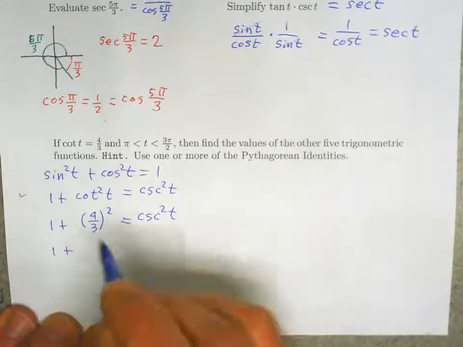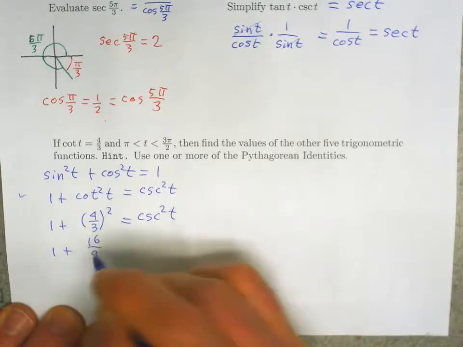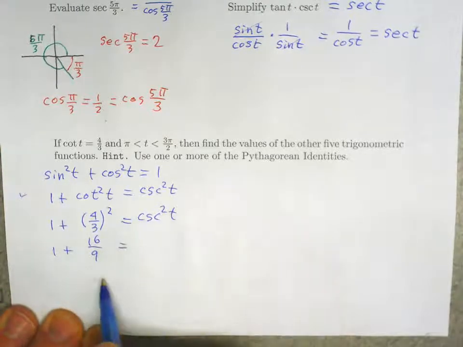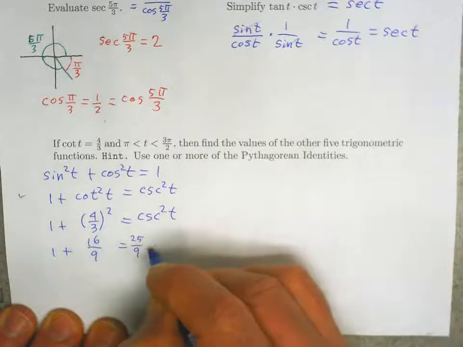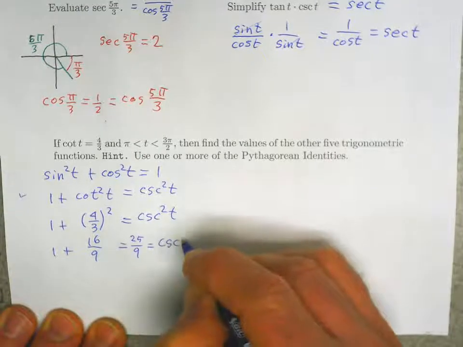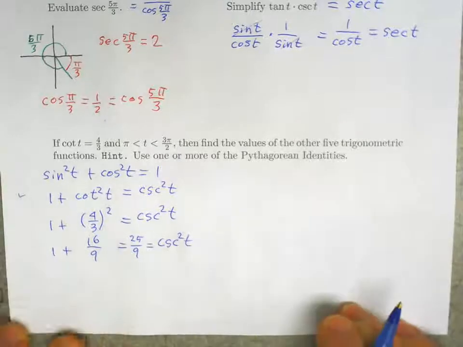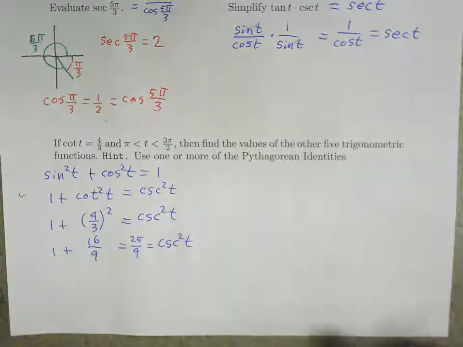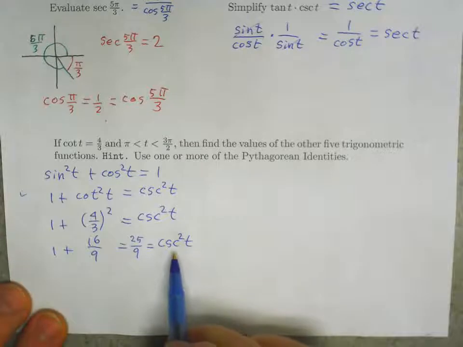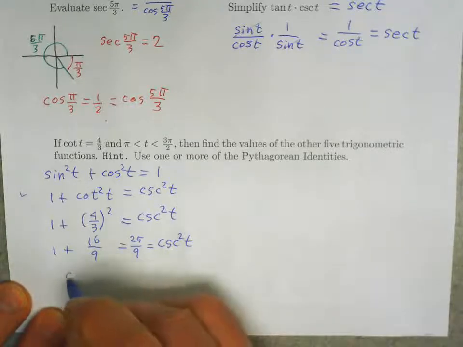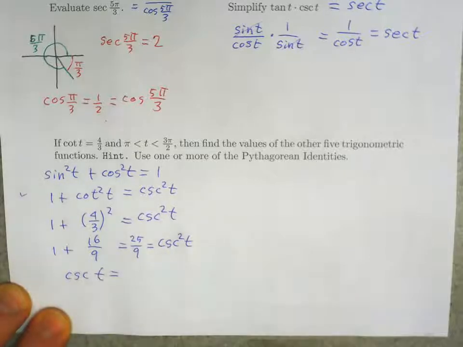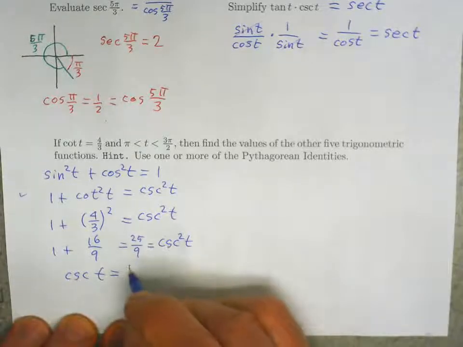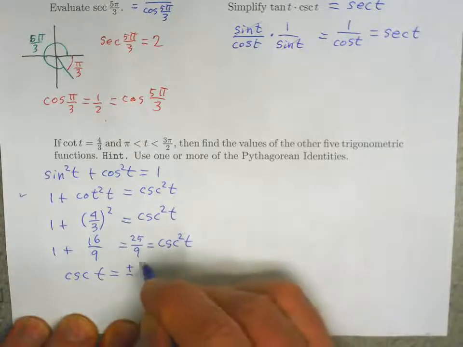So 1 plus 16/9, which is 25/9, is equal to cosecant of t squared. So cosecant of t squared, using the square root method, we get positive and negative 5/3.